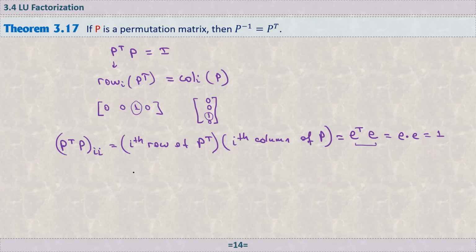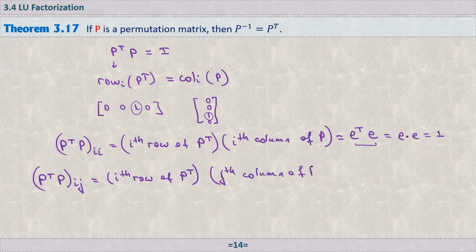Now we have to show that all other entries are equal to 0. How do you show that? How about the i, j entry of P^T P, when i is not equal to j? Here we again have the ith row of P^T times the jth column of P, which is equal to E transpose times E_j, let's say E prime, but they are different.